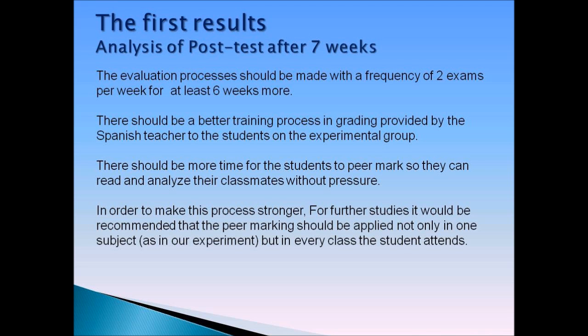Number 3. There should be more time for the students to peer mark so they can read and analyze their classmates without pressure. And number 4. In order to make this process stronger for further studies, it would be recommended that peer marking be applied not only in one subject, as in our experiment, but in every class the student takes.